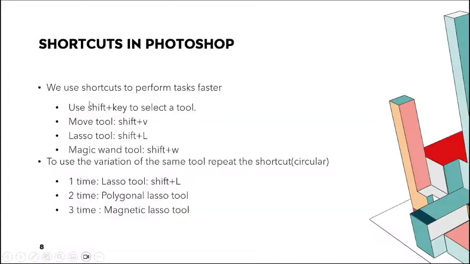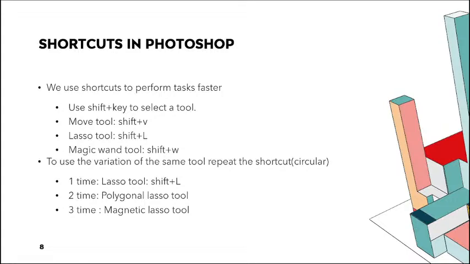So we will use the shift key to select a tool. For example, for the move tool, we have to press shift and V together, the letter V on the keyboard. So it will select the move tool. And there is another tool called the lasso tool. We will discuss it later.